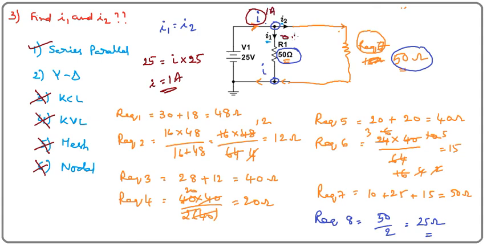So this is 0.5 ampere and this is 0.5 ampere. So that's the problem solution. Now I can boldly say that star delta is not at all required. By seeing the circuit I might have felt that star delta is required, but it is not. Series parallel is sufficient for this problem.